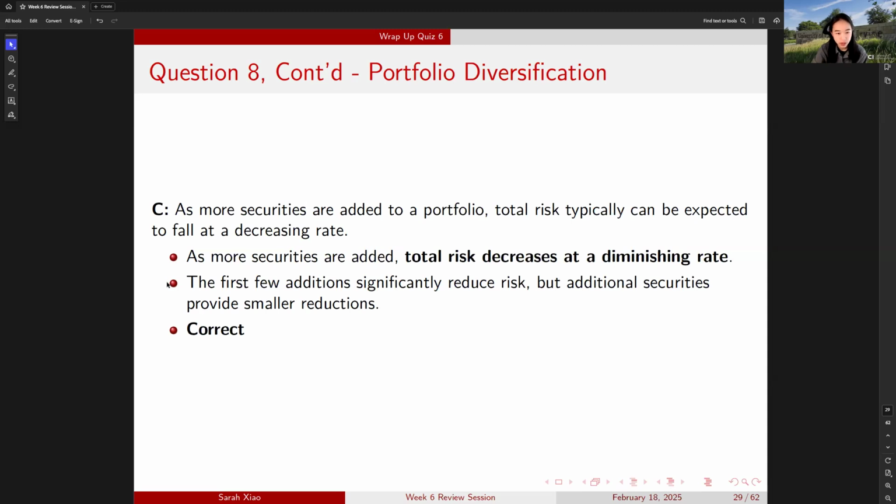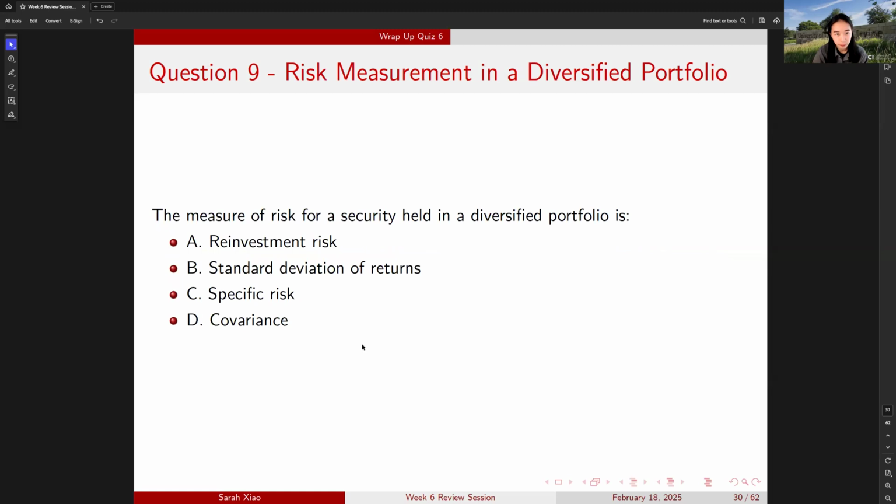While the first few additions significantly reduce risk, the additional securities provide smaller reductions. Therefore, this statement that total risk typically can be expected to fall at a decreasing rate is correct. All right.